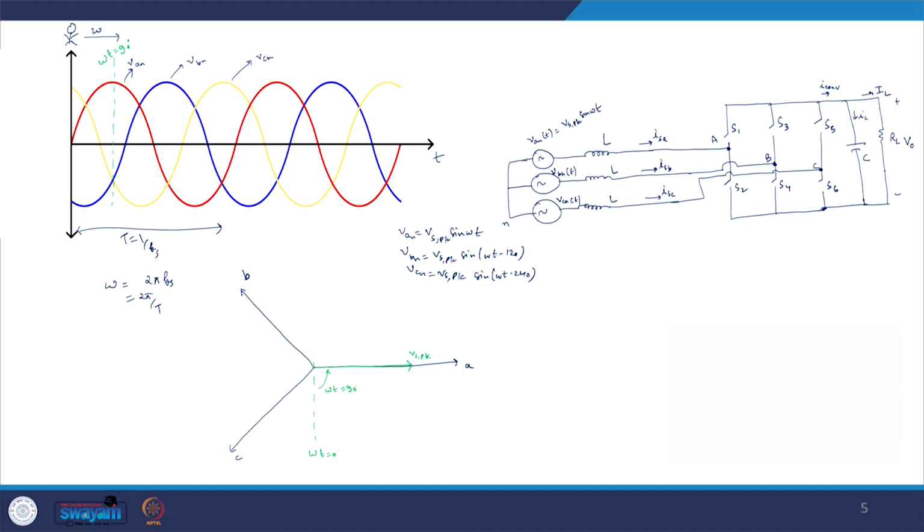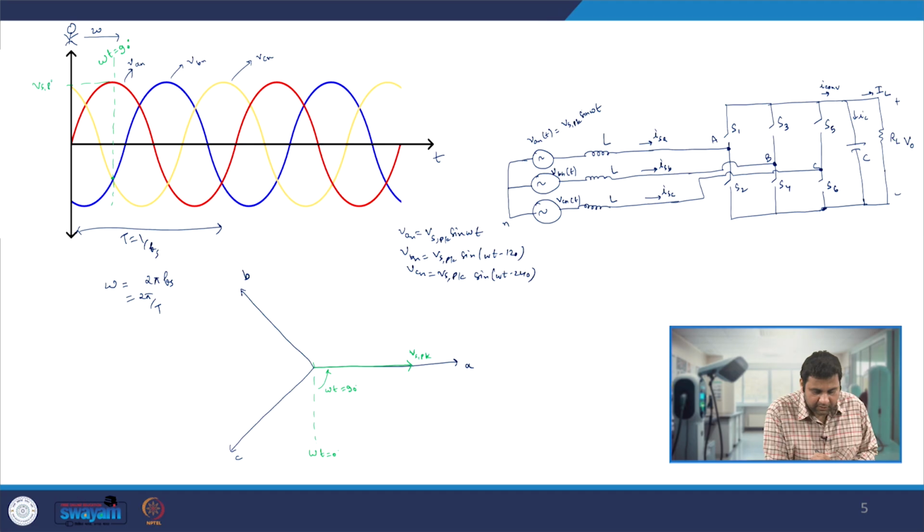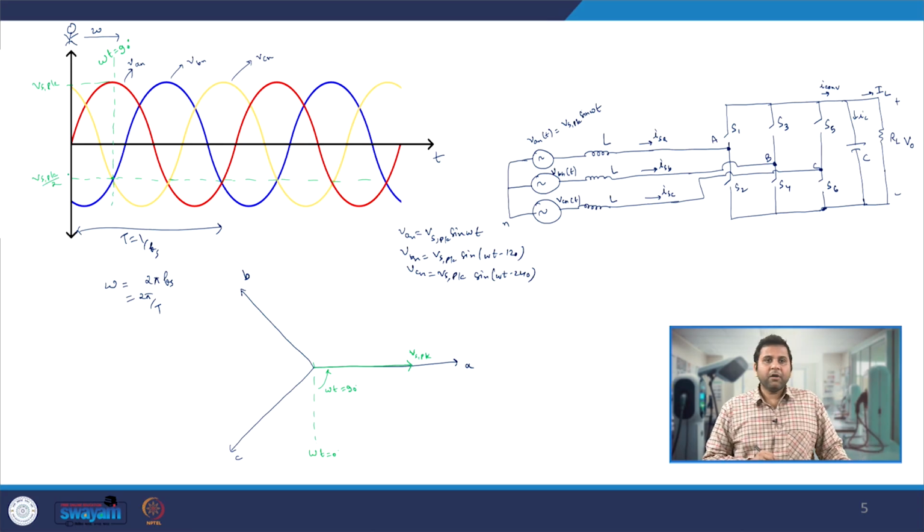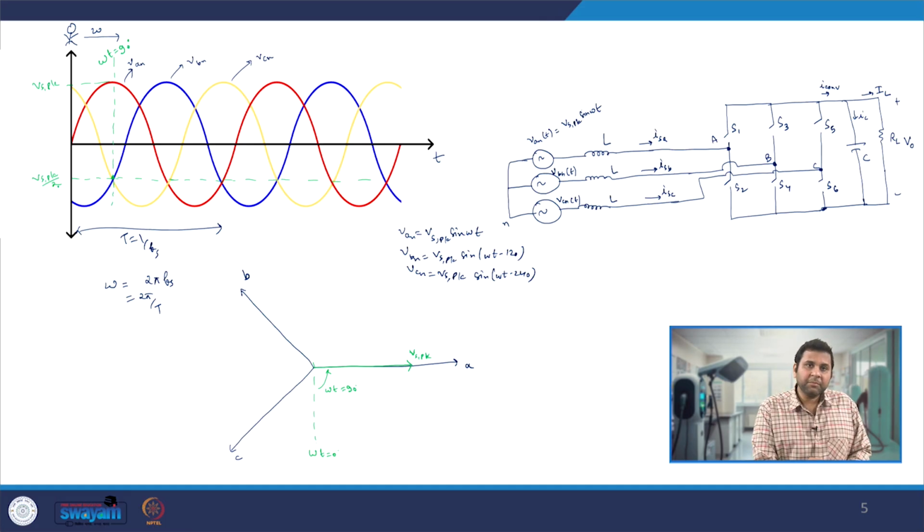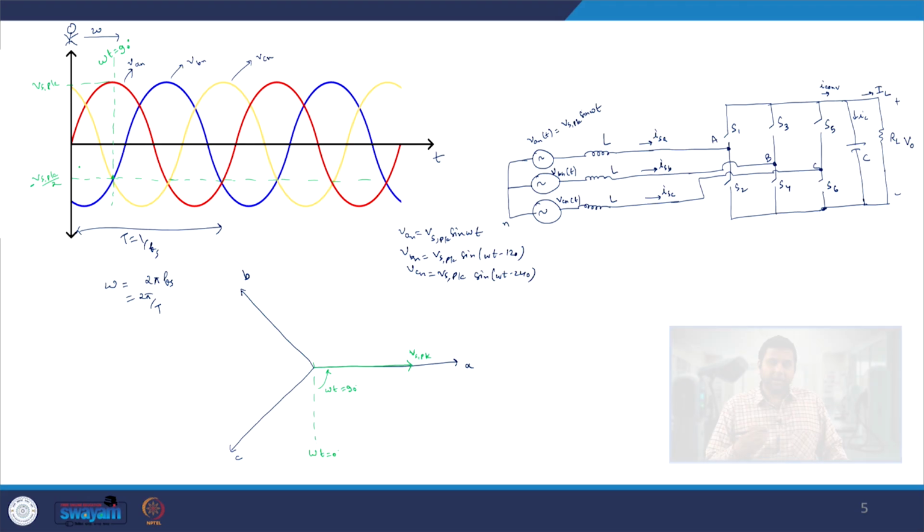You have the Vs peak which has been applied, and the point at which they are crossing is nothing but Vs peak by 2. At that point, you are applying minus Vs peak by 2 from the B phase, and minus Vs peak by 2 from the C phase, because this is in the negative direction in the time domain.